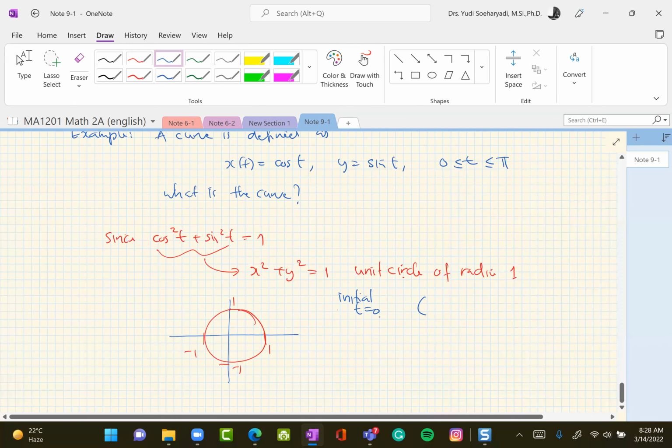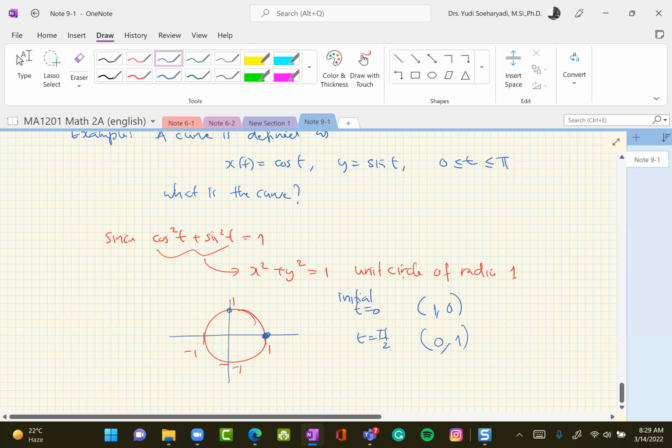If you plug in t equals 0, you get x is 1, y is 0. And when t equals pi over 2, 90 degrees, cosine is 0 and sine is 1.